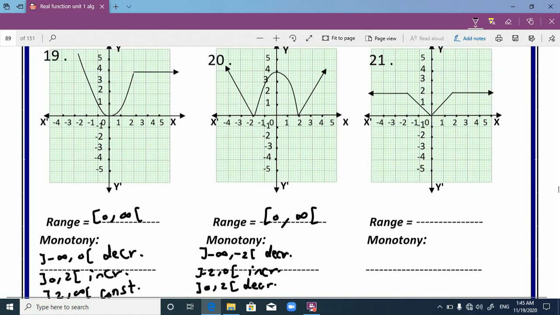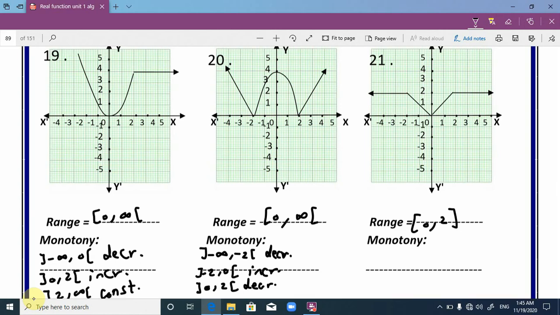Number 21. The range here from 0 closed to, sorry, to 2. The last value of y-axis is 2.